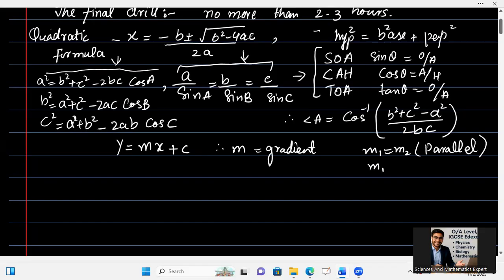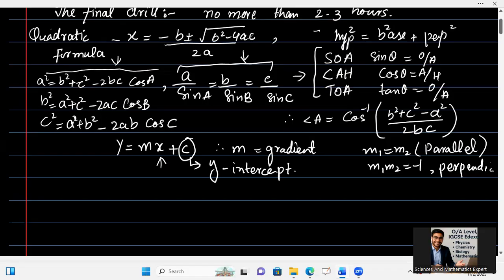If the product of two gradients is equal to -1, then they are perpendicular. You should also know the y-intercept, that is when you place x is equal to 0, what will be the value of y.